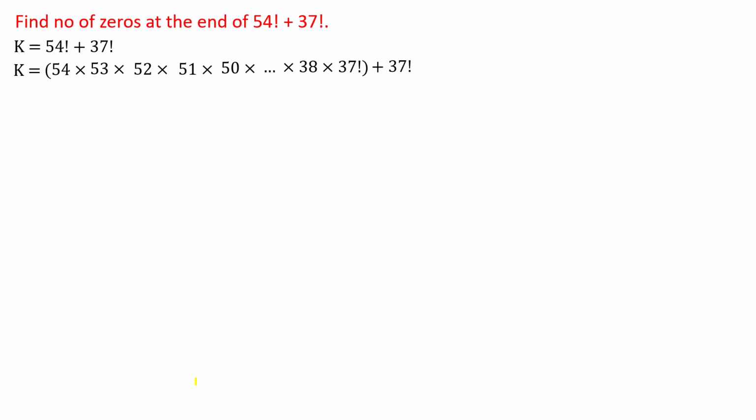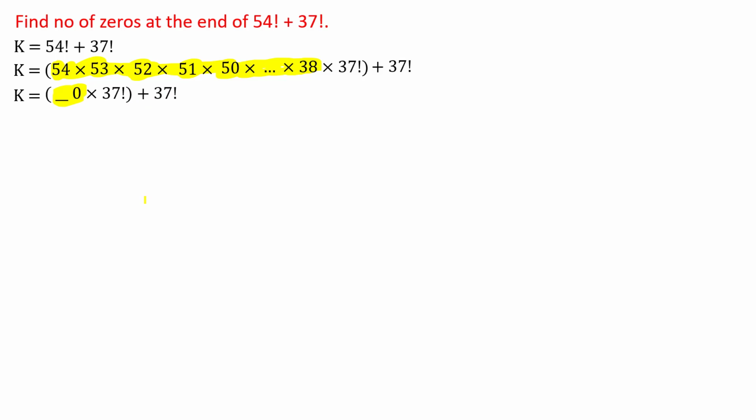Now can I say the multiplication of 54 into 53 into 52 into 51 into 50 and so on till 38, the unit digit of this multiplication is going to be 0. So we have the number ending with 0 into 37 factorial, bracket close, plus 37 factorial.